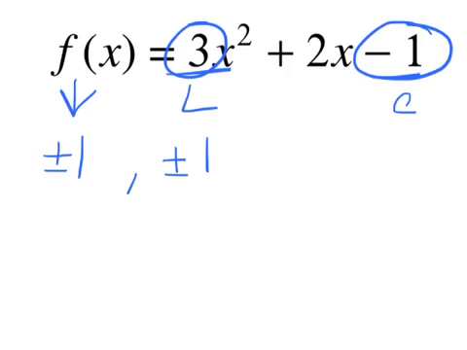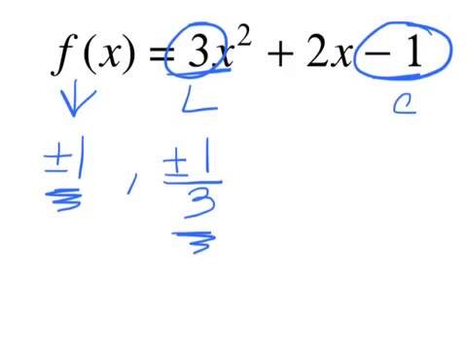And you will put those over the factors of the leading term. What can come out of the leading term other than 1 and negative 1? 3. So that's it. Your possible roots for this equation are going to be plus or minus 1 and plus or minus 1/3. Those are the only possible roots.